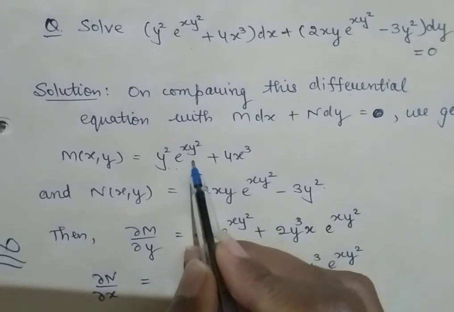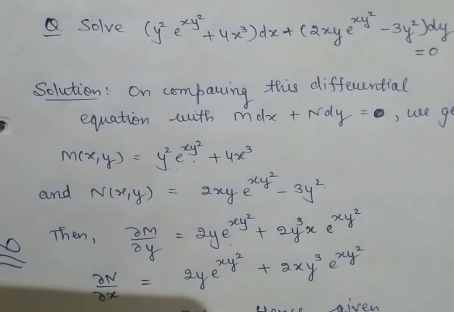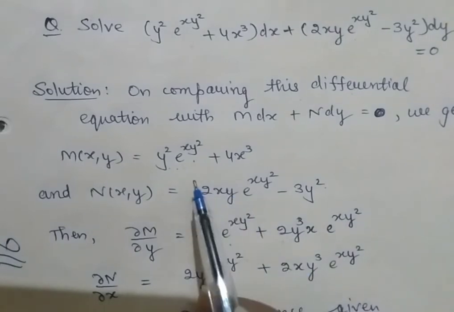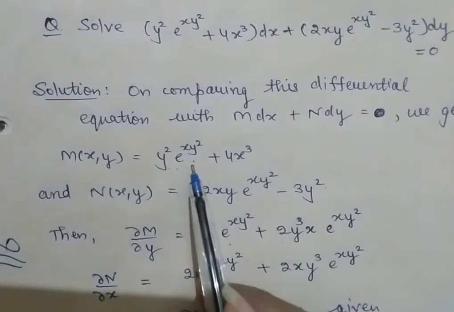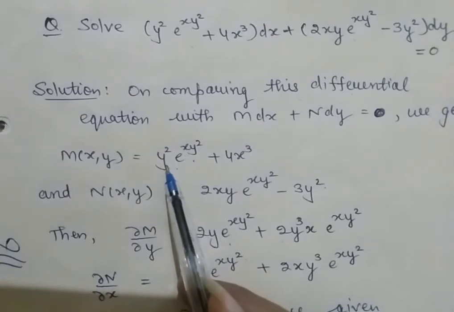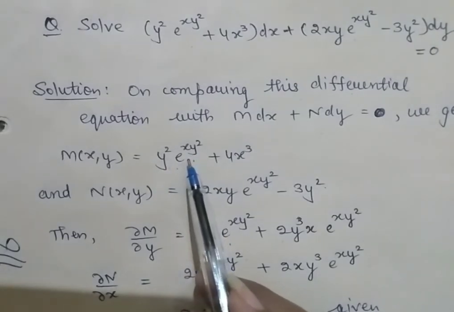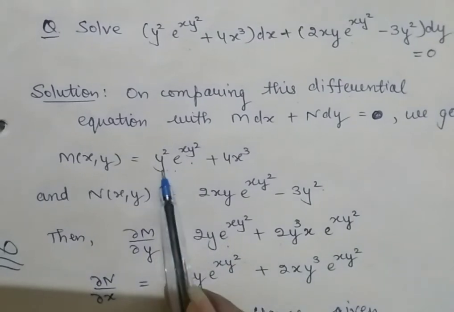Now if we differentiate e raised to the power xy square with respect to y, then what happens? x will come down the power and we will differentiate y square. So we get 2xy e raised to the power xy square and y square as it is.